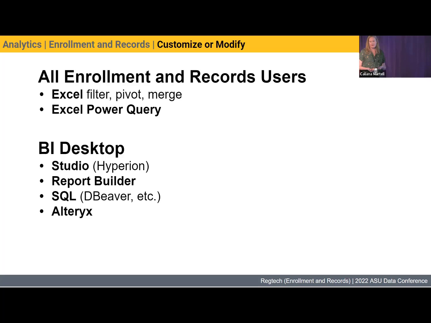But a lot of times you need something just a little bit different. Maybe you need to add something to it or take something away from it. So what we'll do first, if someone needs that, is we will see if there is a pre-built report that has everything you need, maybe a little bit more.